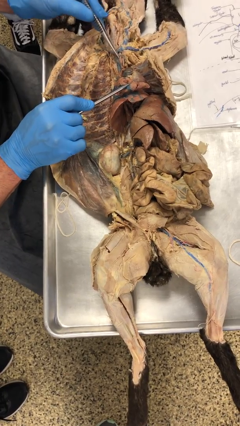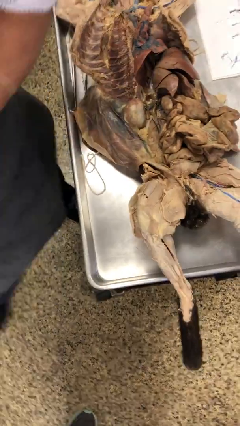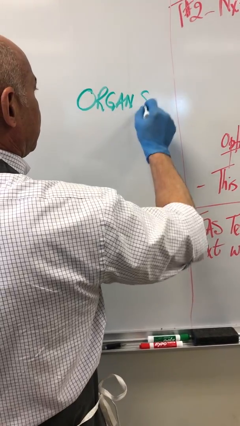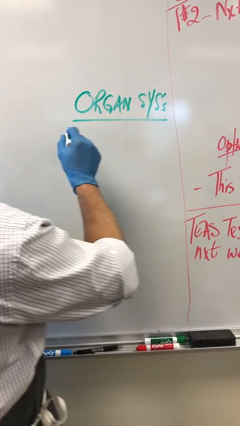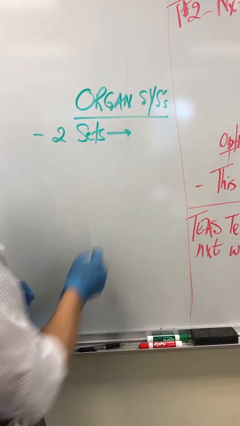Let me just quickly say, before I forget, next week we start on the organ systems. There are going to be 2 sets in the labs that we're going to run through.